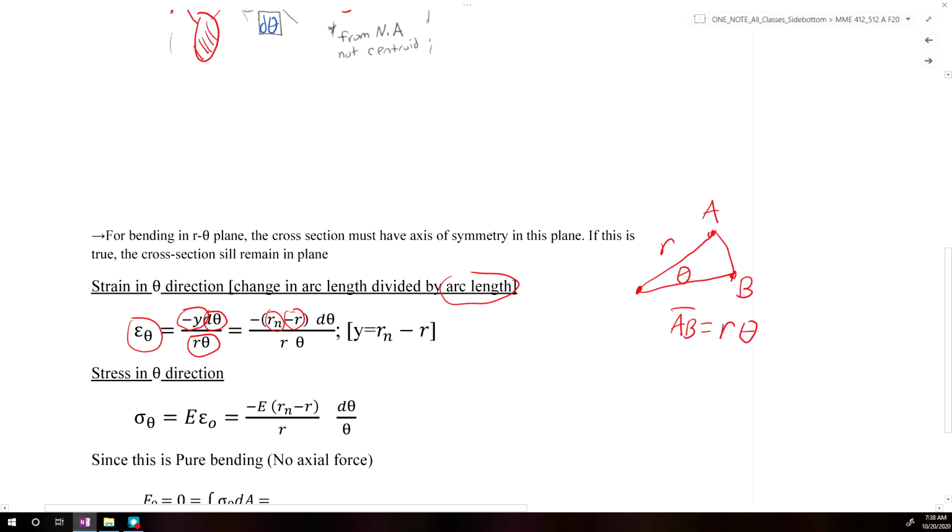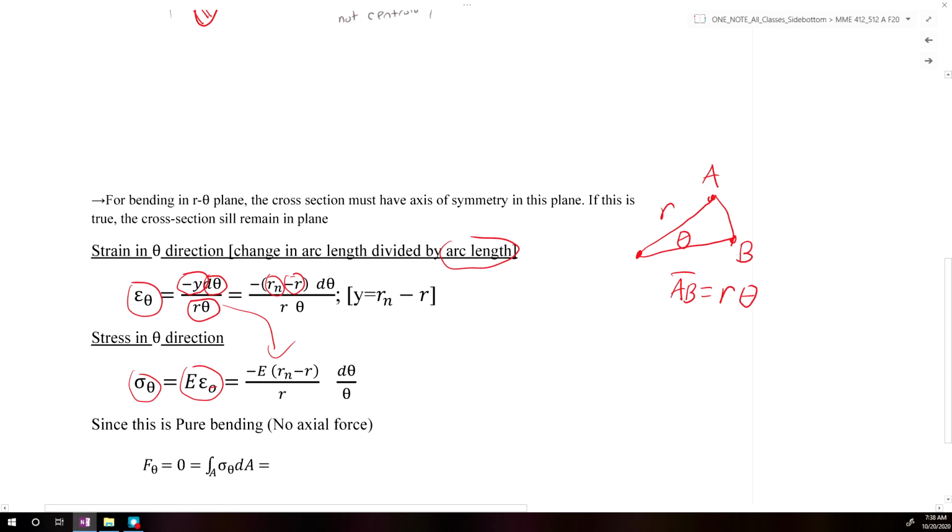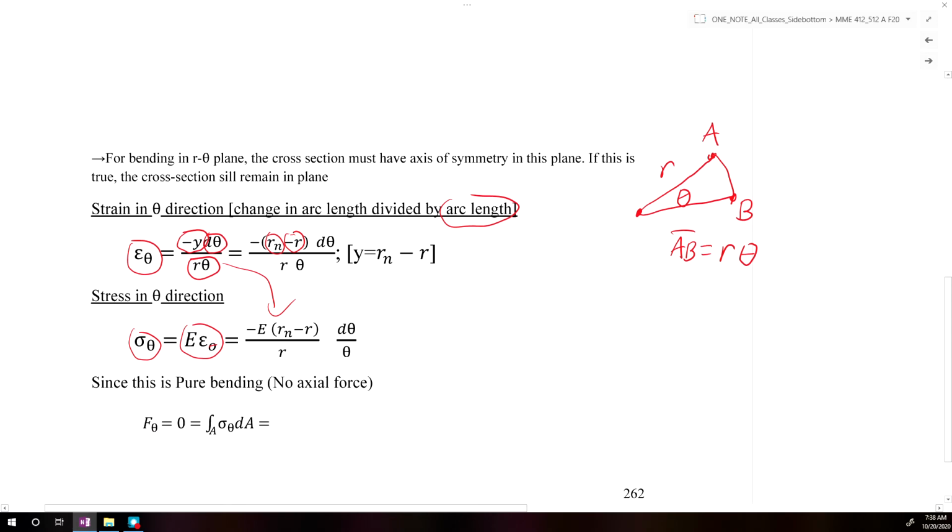We know that normal stress we can relate to strain using Young's modulus. If you plug in our epsilon theta equation here, we end up with this equation. Since this is considered pure bending, there has to be no axial force in our system. Because there's no axial force, we can integrate over our area.